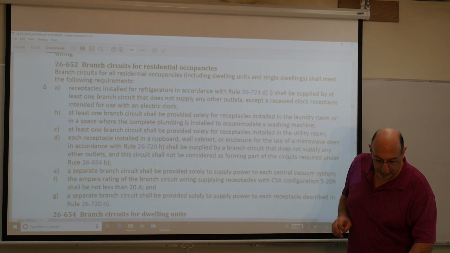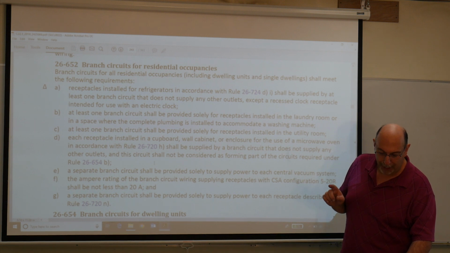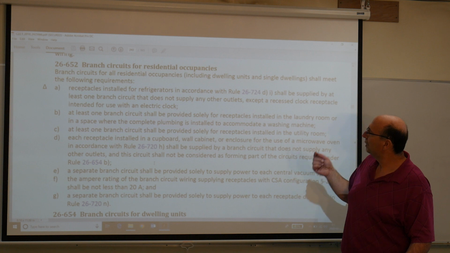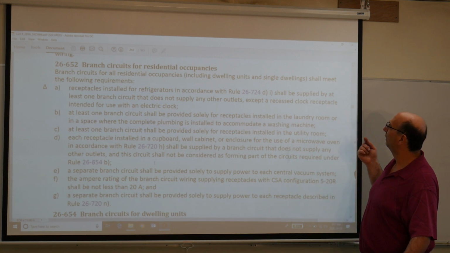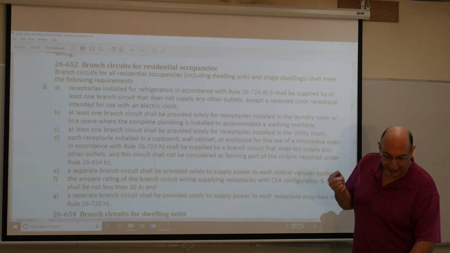So, receptacles installed for refrigerators in accordance with 26724 D1 shall be supplied by at least one branch circuit that does not supply any other outlets except a recessed clock. So, you have to install receptacles for fridges.